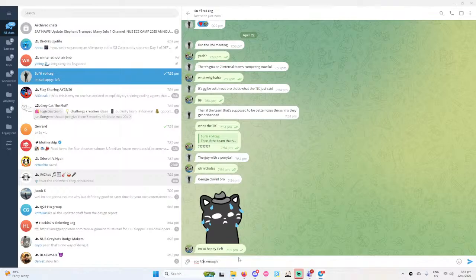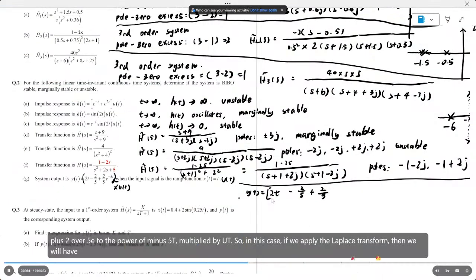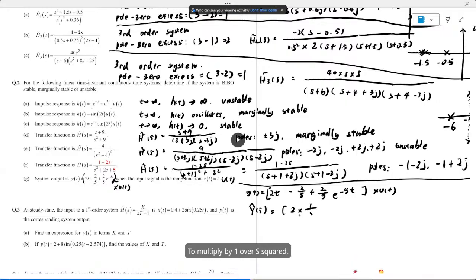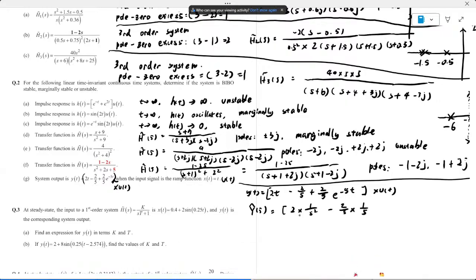So we have y(t) equal to 2t minus 2 over 5 plus 2 over 5 e to the power of minus 5t multiplied by u(t). So in this case, if we apply the Laplace transform, then we will have 2 multiplied by 1 over s squared minus 2 over 5 multiplied by 1 over s plus 2 over 5 multiplied by 1 over s plus 5.